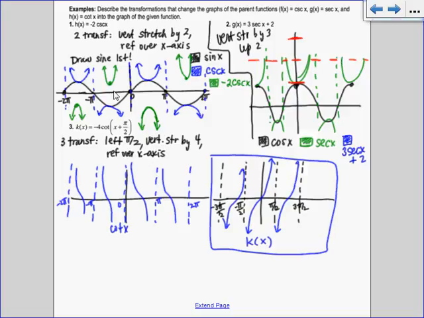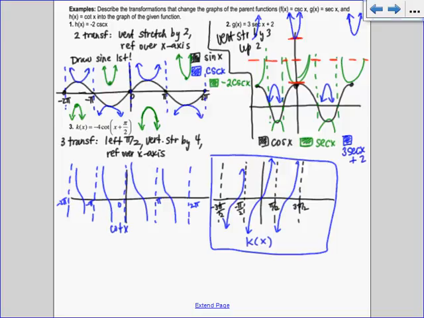So if we have 3 secant of x plus 2, we're going to have the same bumps, like the bumps go in the same direction, but they're just going to be skinnier. Like this one would be, its height of 1 is the highest point for the downwards ones. Do you guys see it? Kind of hard to draw. Okay, so you get that.